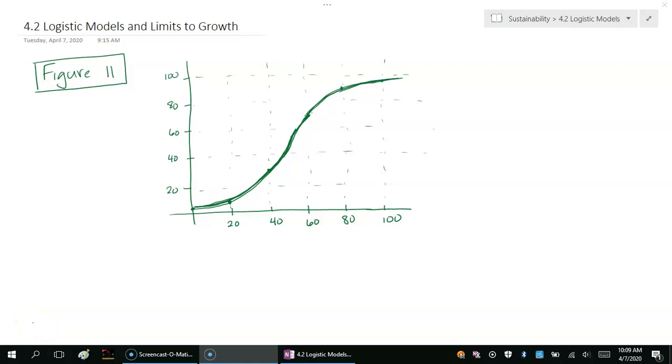Hello, welcome back. In this video, what I want to do is look at figure 11, which is the characteristic S-curve that we get when we study the logistic model.